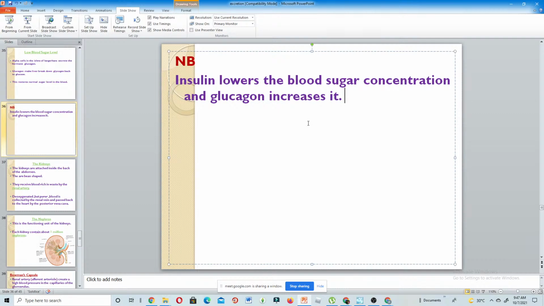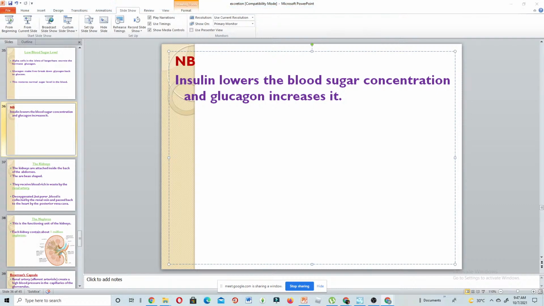After looking at the diagram, you can pick out this concept. Remember that insulin normally works when you have too much sugar, so insulin lowers it, while glucagon normally works whenever you have too little sugar. So that's why the NB is giving that information.